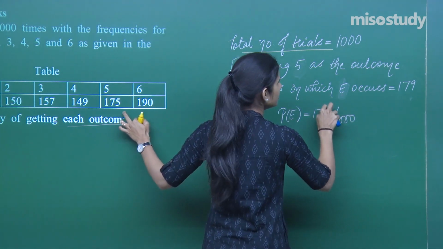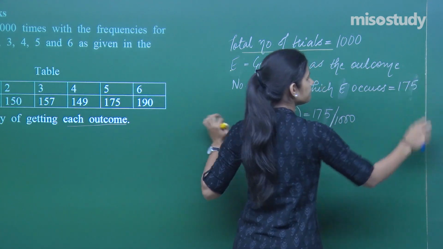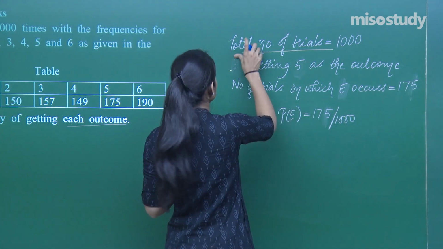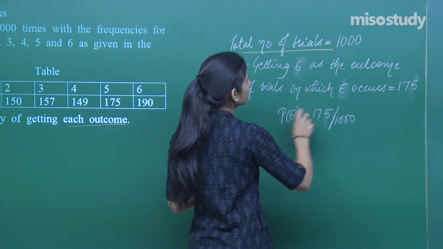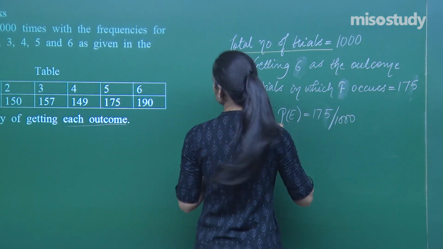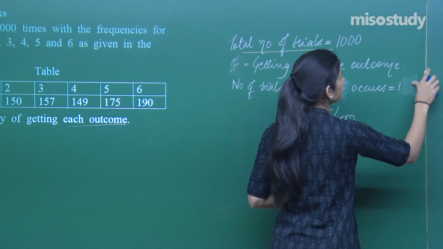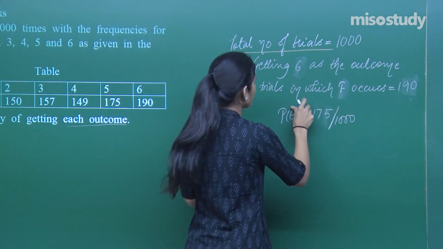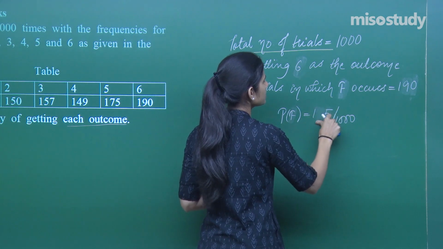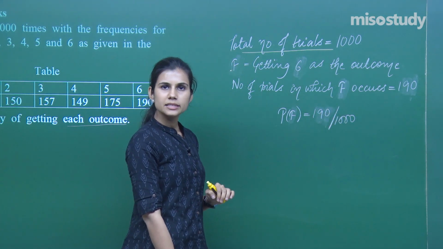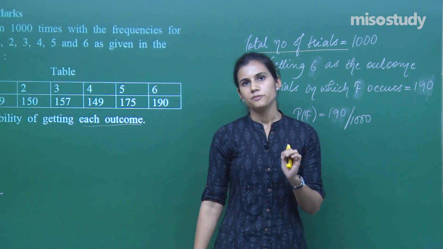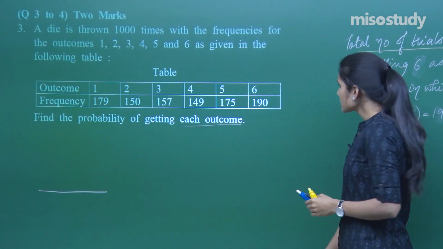And last, you define event F of getting 6 as the outcome. The number of trials in which event F occurs is 190. So the probability of occurrence of event F is 190 upon 1000. Is it clear? These are your respective probabilities. Let's look at the next question.